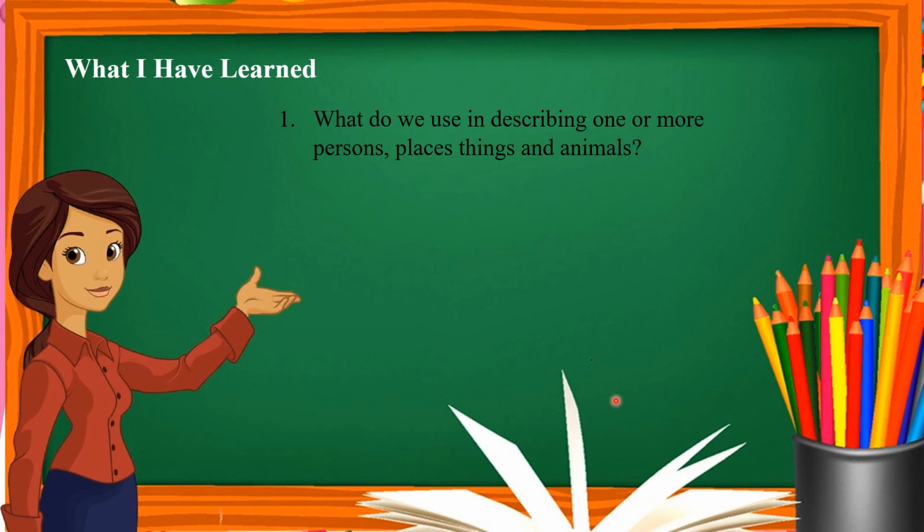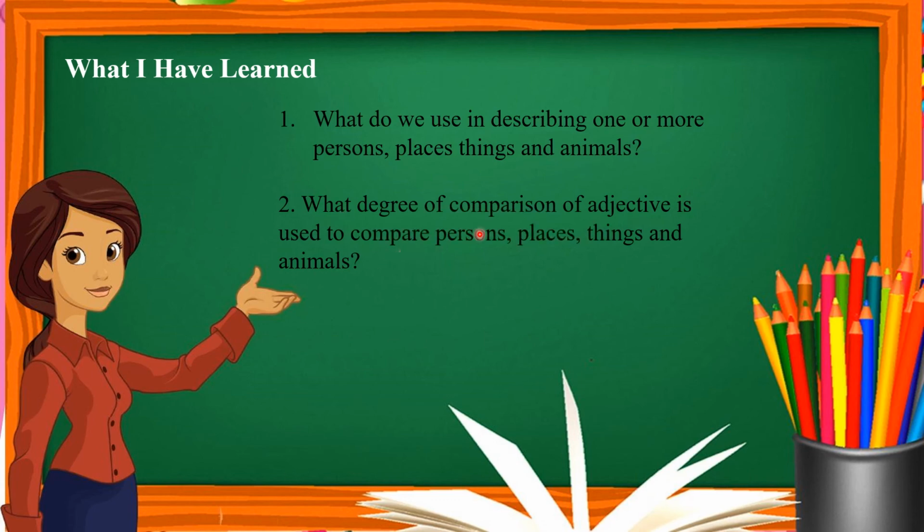Anybody from the class? Okay, very good. Adjective. You agree? Yes, adjective. Okay, number 2. What degree of comparison of adjective is used to compare persons, places, things, and animals? Yes, comparative degree. You compare two things, places, persons, and animals.